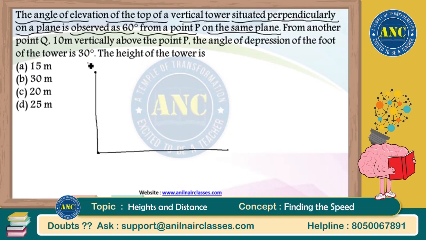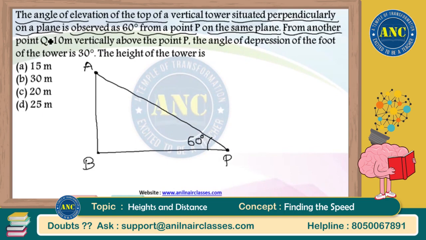This vertical tower, I will call it AB. The angle of elevation of the top, A, is observed as 60 degrees from a point P on the same plane. This particular angle is 60 degrees. That is the meaning. Simple way of understanding.